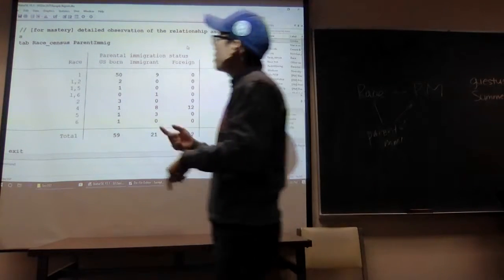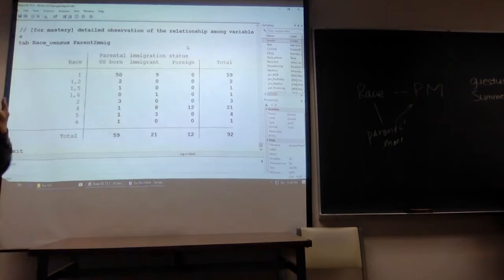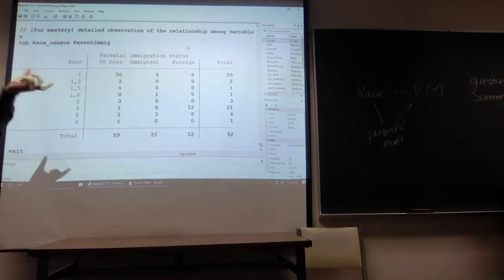For the mastery points, you want to have these more detailed looks at the relationship among independent variables to really show what the alternative explanations are in explaining the dependent variable, and what the relationship between independent variables is. That is one of the big mastery points I'm looking at.